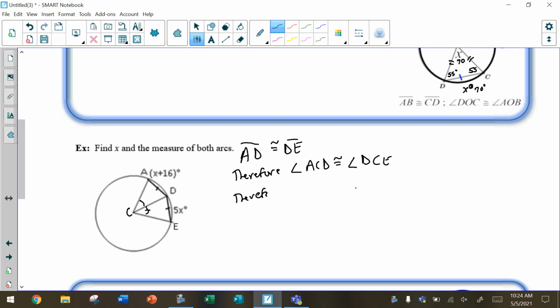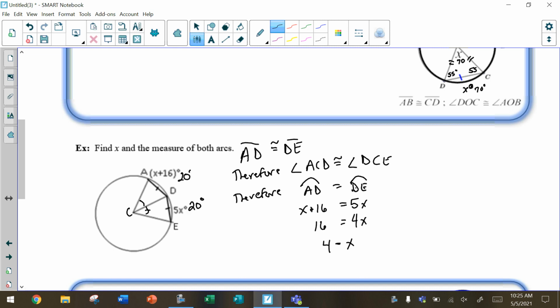if those two central angles are congruent, arc AD is equal to arc DE, which means x plus 16 equals 5x, which means 16 equals 4x, which means x is equal to 4. So this would be a 20-degree arc.